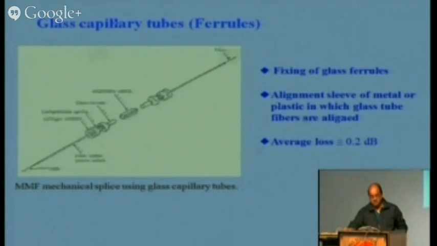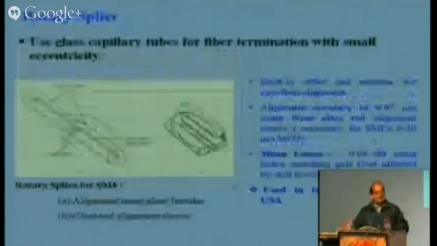The alignment sleeve may be of metal or plastic, it depends. So this is another option. The losses are also taken care of so that they are as small as possible. So the ferrule and alignment sleeve have to be very precise, with a high order of accuracy for the alignment. If there is no alignment, that will lead to more loss. So we have the secondary elements alignment.